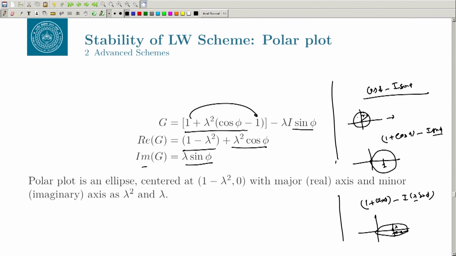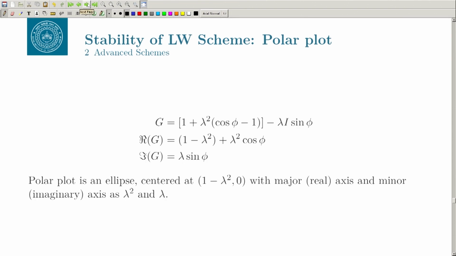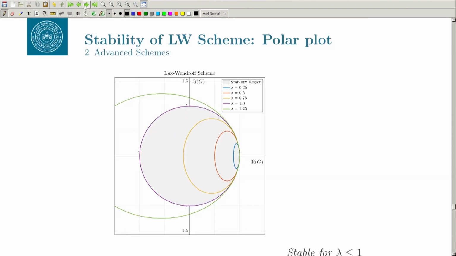So, here what we have? In the real term we have 1 minus lambda square. So, that is where my center will be on the real axis, and 0, okay, and what is the radius? Okay, so, the radius is lambda square and lambda, right. So, this is the radius of the major axis and this is the radius of the minor axis. So, you can go ahead and plot this. Okay, I think I have plotted it here.